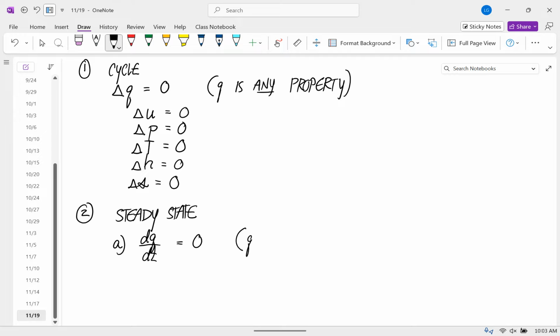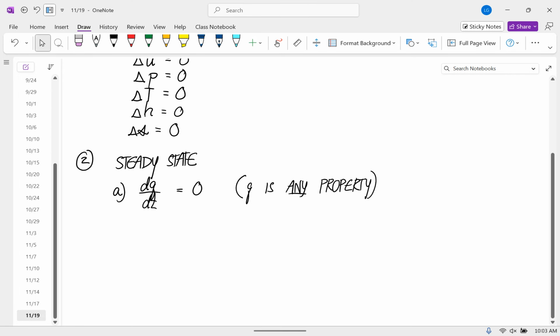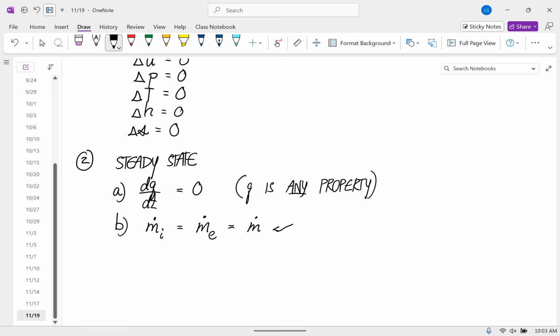So Q can be any property. And second, the mass flow rate says m_i dot is equal to m_e dot. This is if you're talking about control volumes, and it's equal to just m dot. So this is if you're doing any kind of control volume analysis.